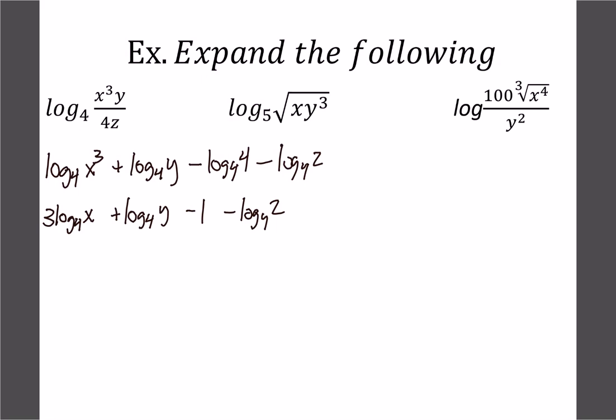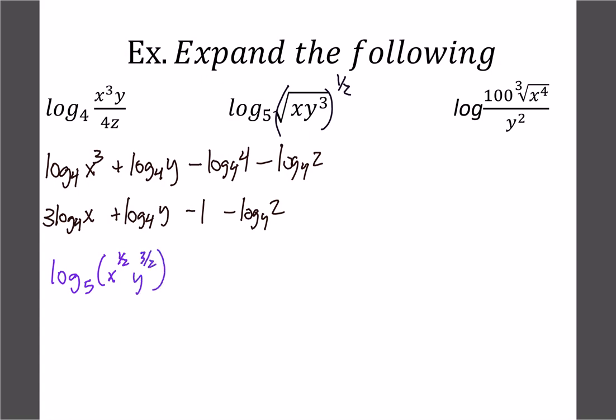Okay, let's try the next one, and I'll do it down below here. So log base 5 of root. Remember, this root can be written as a half. That's an important thing we want to do. Let's put that half onto each item. So let's rewrite this as log base 5 of x to the 1/2, and then we have y cubed to the 1/2, so let's write that as y to the 3/2.